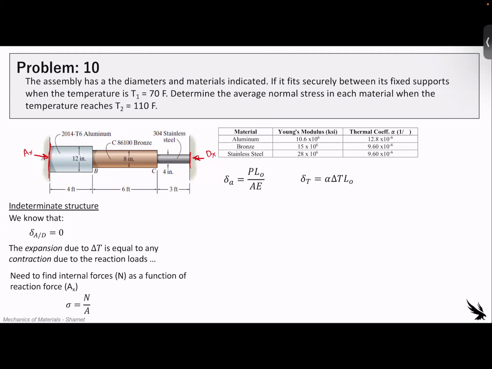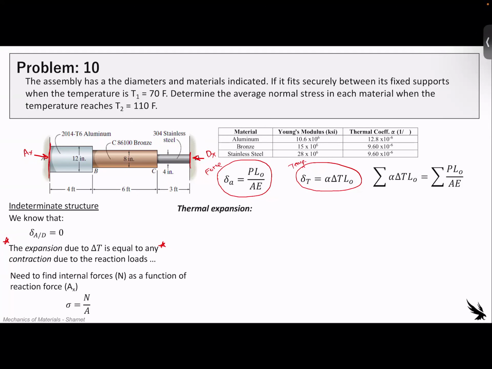So the deformation due to force is here. So this is due to force. The deformation due to temperature is here. And so what we know is that since these two will be equal to each other, since they are offsetting each other, as stated here, the summation of all the internal forces will be equal to the summation of all the expansion due to the temperature.